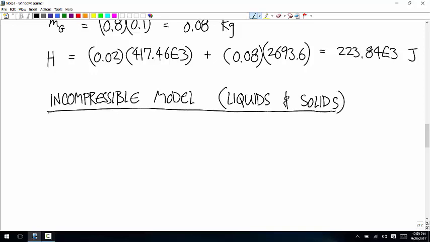It's really never useful for gases because anything you do to a gas changes its density. But for liquids and solids, the density doesn't change very much. So you can think of this as the volume and the density being treated as constant.